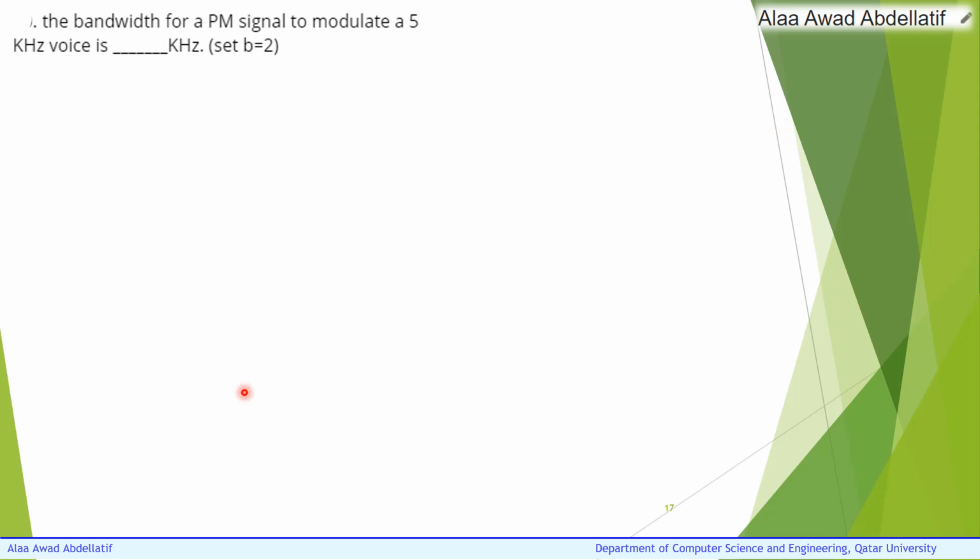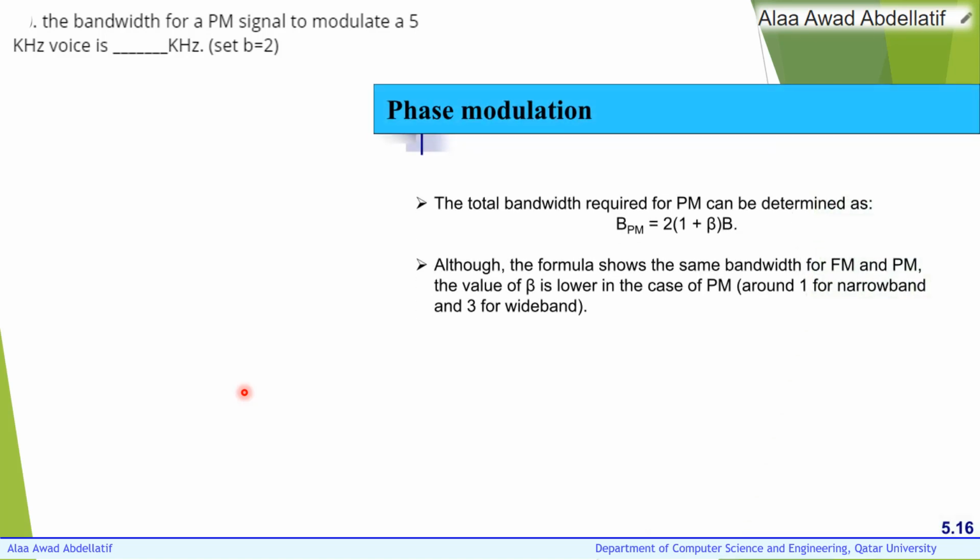The bandwidth for a phase modulation signal to modulate a 5 kilohertz signal, in kilohertz, when beta equals 2. For phase modulation, the bandwidth is 2 times (1 plus beta) multiplied by B, where B is the bandwidth of the original signal.